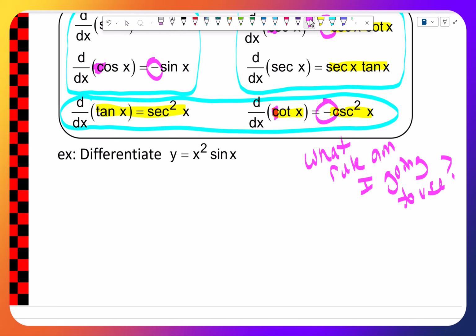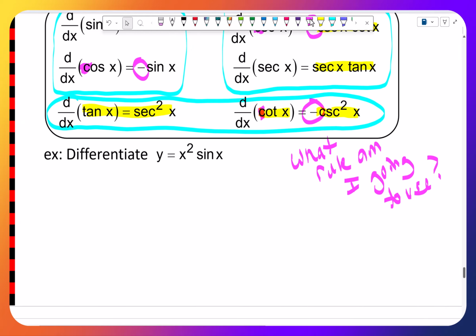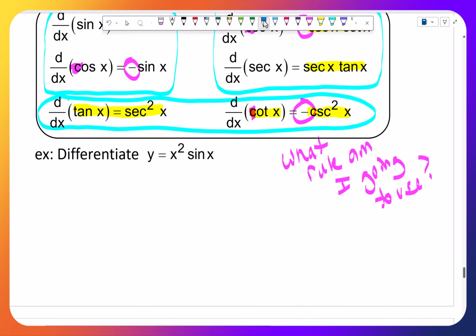So I think about them as templates. Okay, I think about them as templates. So we basically have 3 templates. We've got the product rule, we've got the quotient rule, and we've got the chain rule.